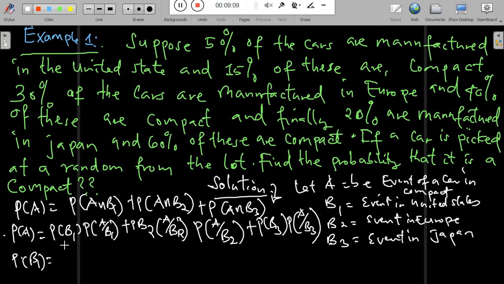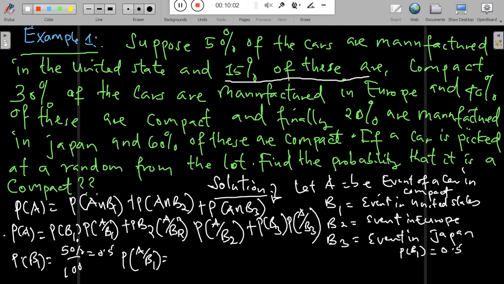What will be the probability of B1? We refer to the question over there. Suppose 50% of the cars are manufactured in the United States. So the probability of B1 will be equal to 50 divided by 100, that gives you 0.5. What about the probability of A given B1? When we refer to the question, 15% of these cars are compacts.